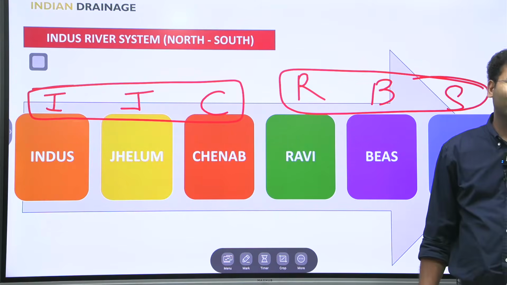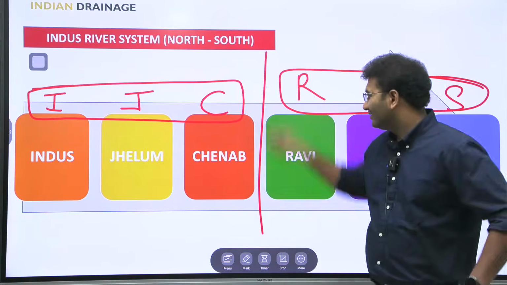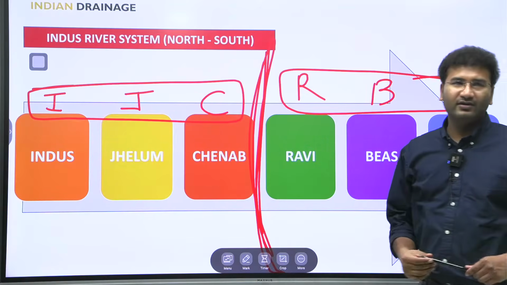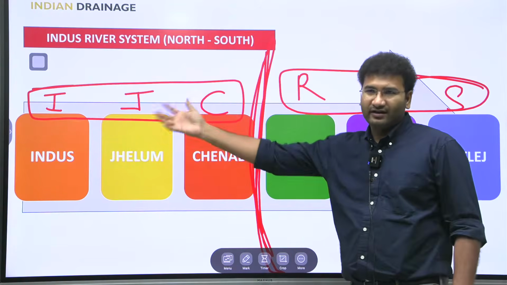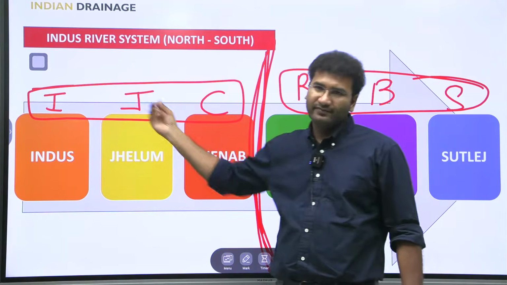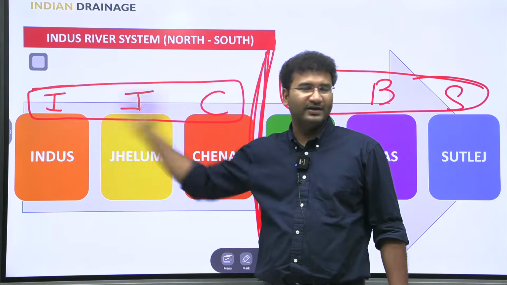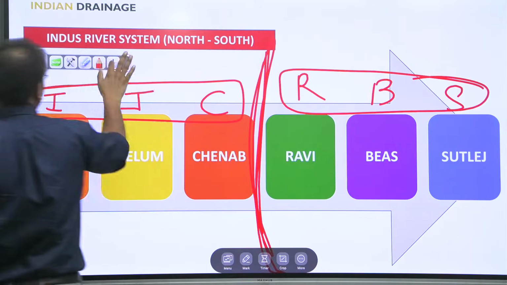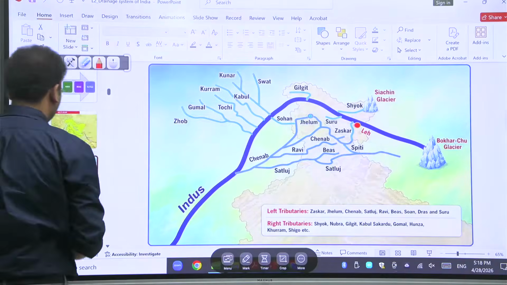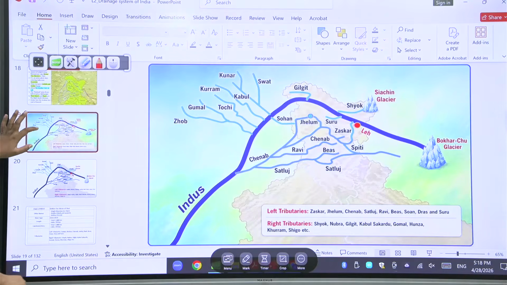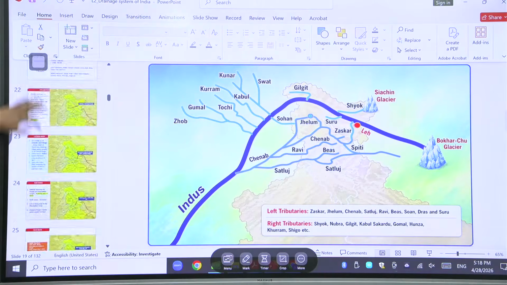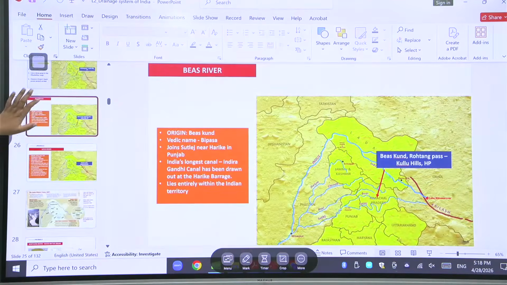Maybe a mnemonic, if it can help you, you can create on your own. Easy way to remember: CJI, Chenab, Jhelum, Indus. This is given to Pakistan, and the rest is with India. Now that we have indefinitely suspended, that means we can build any number of projects of our own choice. And the right bank tributaries are Shyok and Gilgit. So this is what you need to know about the origins of these rivers.